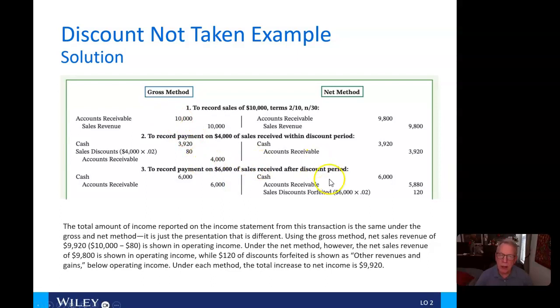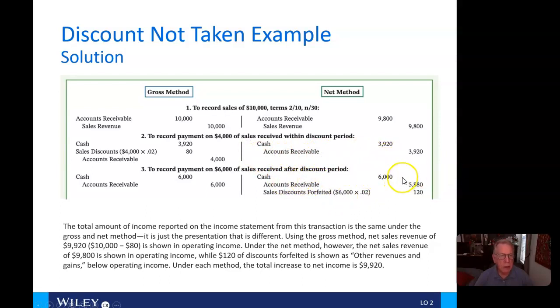Now, if we use the net method, the assumption is the customer is going to take the discount. So we record it with a 2% discount removed from accounts receivable. Initially they paid $3,920, and that already had the 2% discount removed.